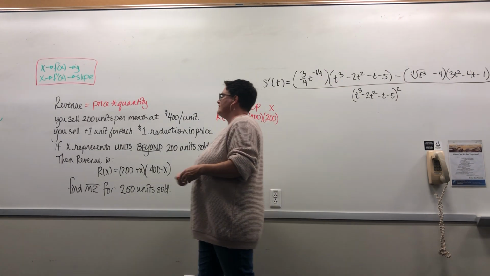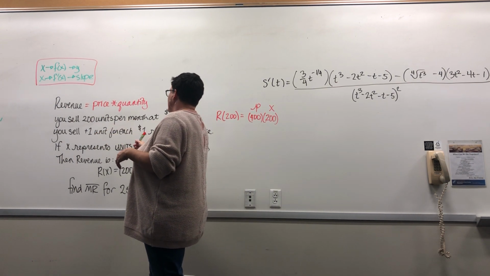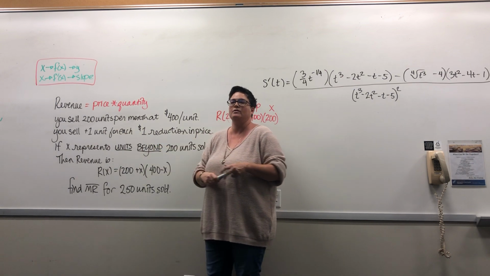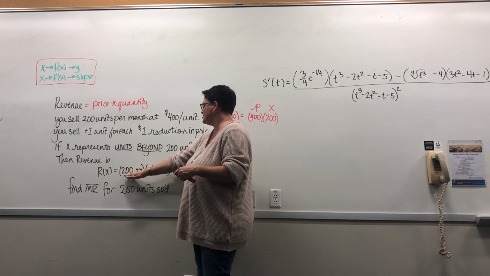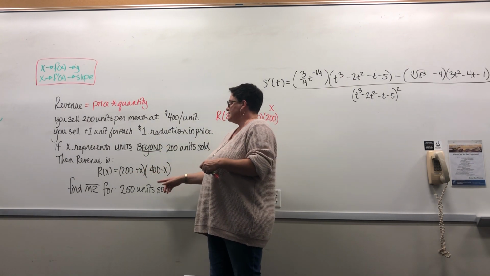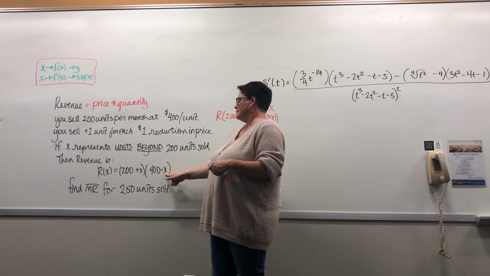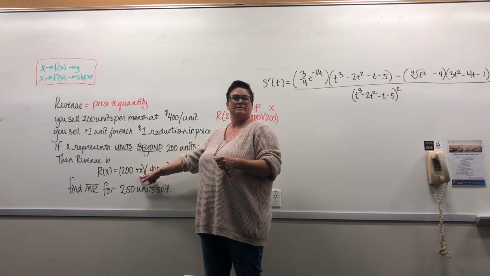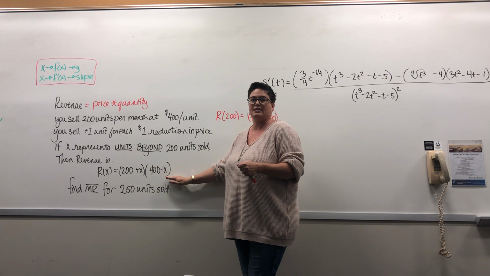So if you reduce your price $1, you'll sell one more unit. So now we're going to modify this 200 times 400 and saying if we go down one in price, we'll go up one in quantity. You guys with me? Okay, so that's where the modification comes in.